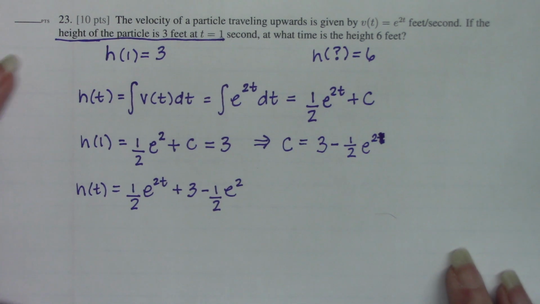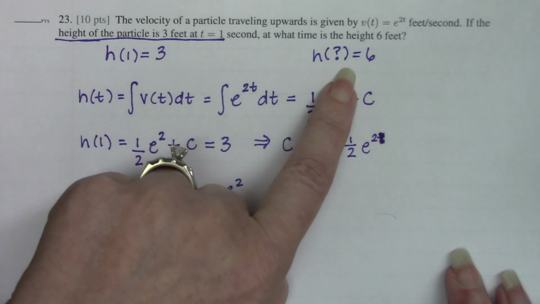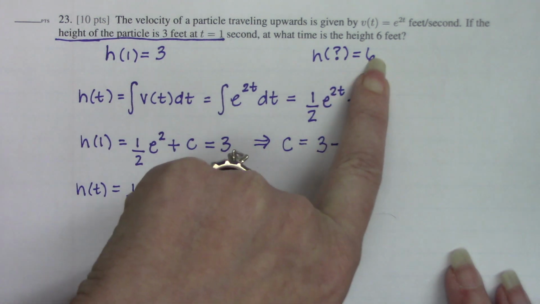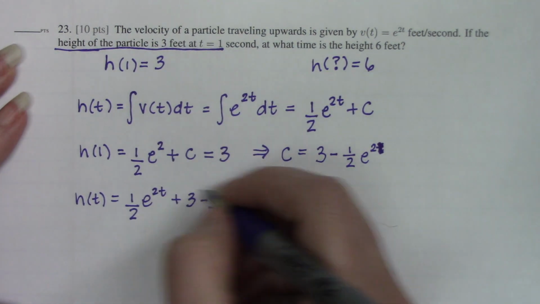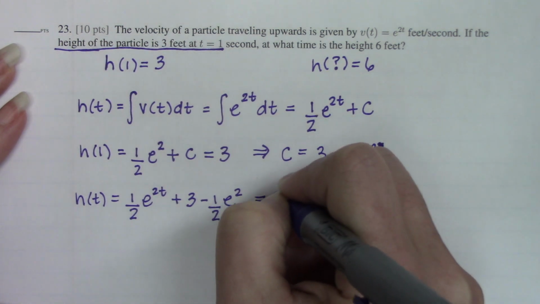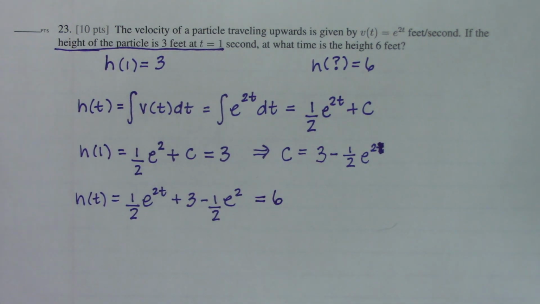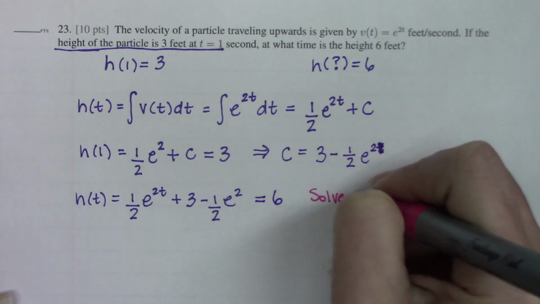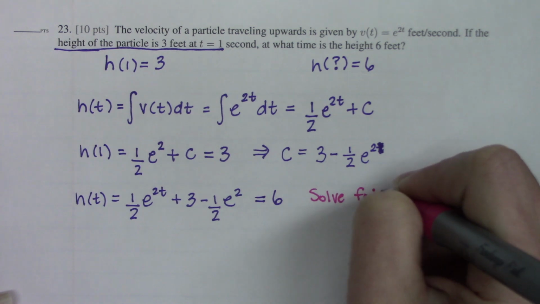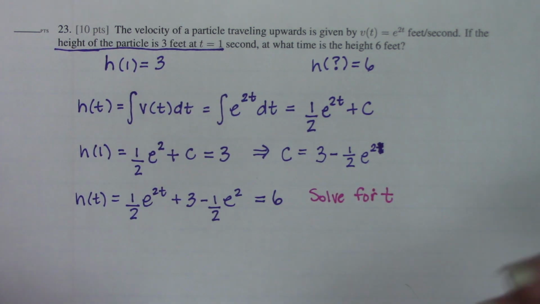All right, now the actual question we were asked is, for what value t is the height equal to 6? So now we're going to take our height function that we just completed and set it equal to 6. So now we want to solve for t.